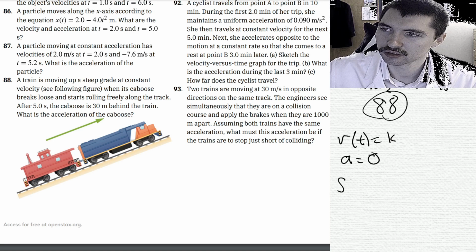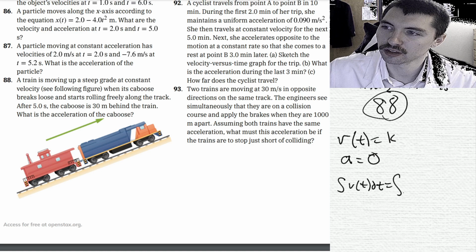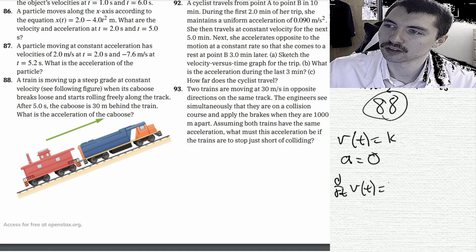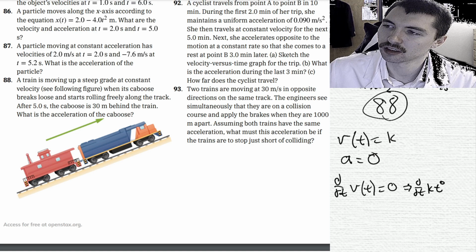The derivative d/dt of v is 0, because d/dt of a constant k, it's really saying constant k times t to the 0.